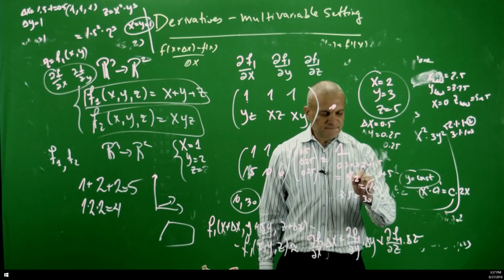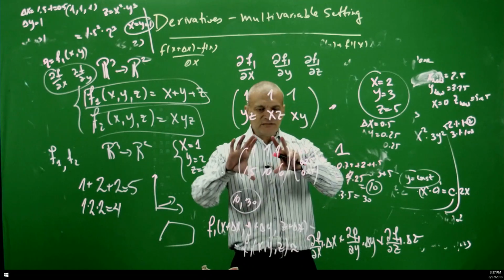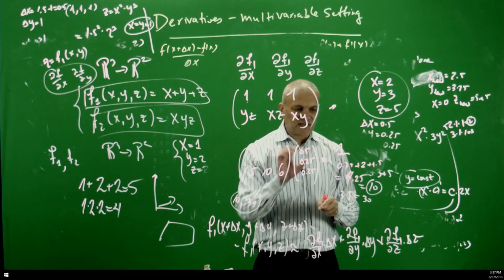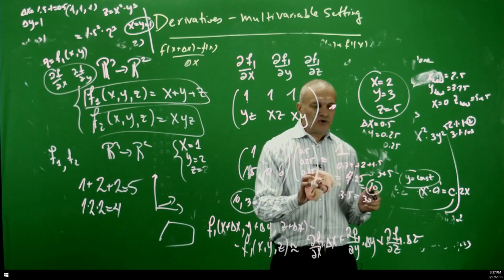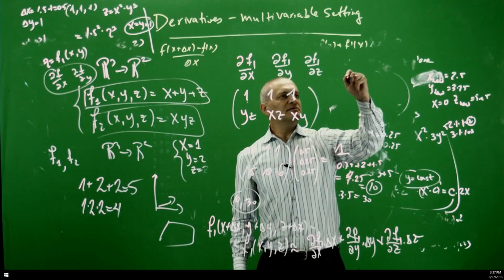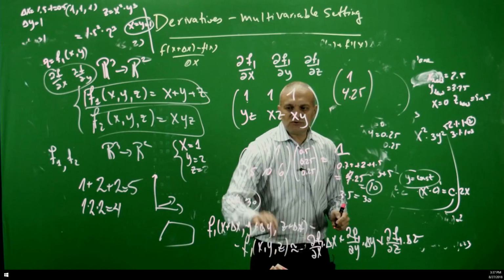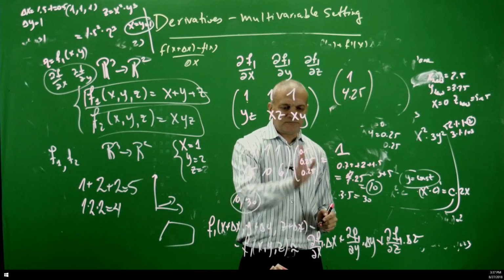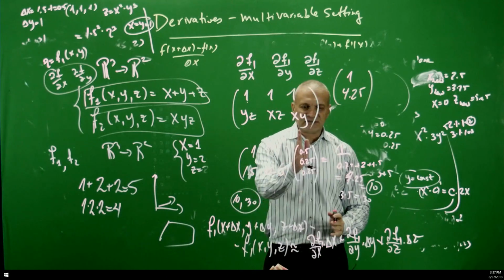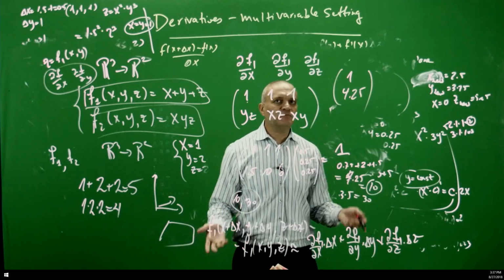Okay, so when you multiply this matrix by the vector of the changes, you're going to get something of the form 1, 4.25. Because you took a 2 by 3 matrix and multiplied by a vector, which is 3 by 1, and you get something 2 by 1.